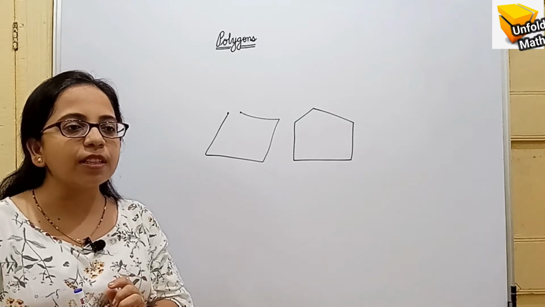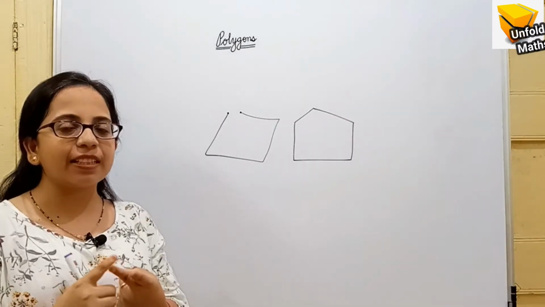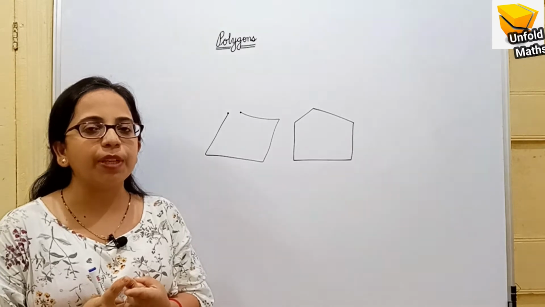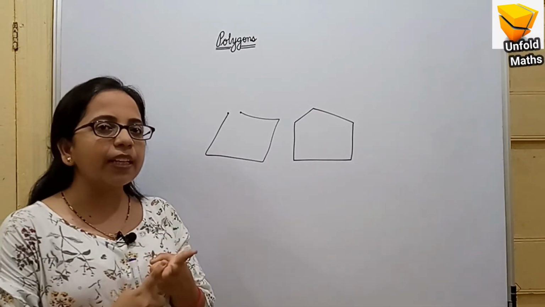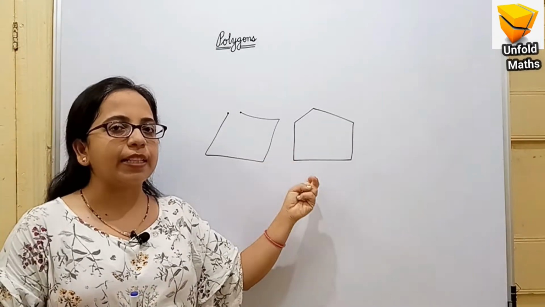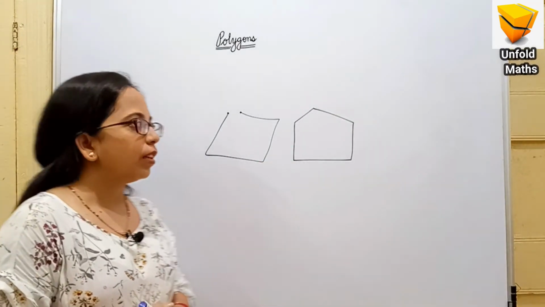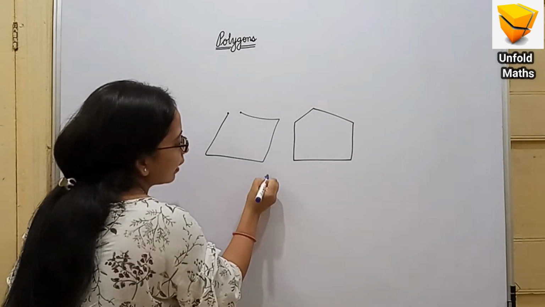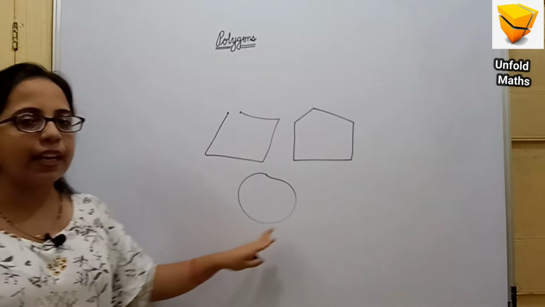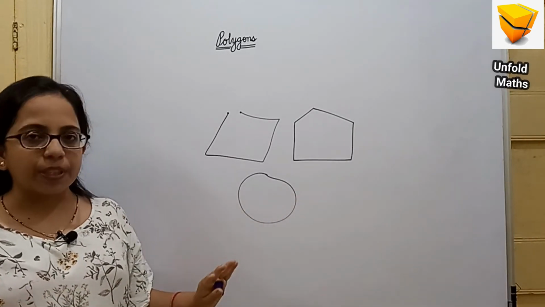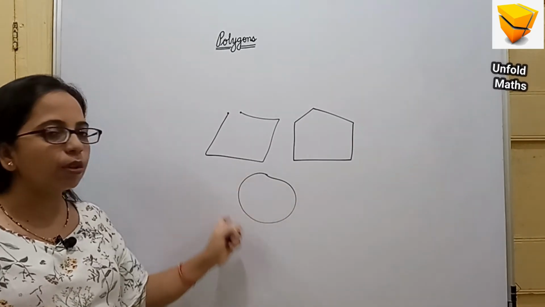So this means that two conditions are necessary for a figure to be a polygon. First, it should be closed. Second, it should be made up of line segments only. So if we say that this does not have endpoints, that means it is closed.